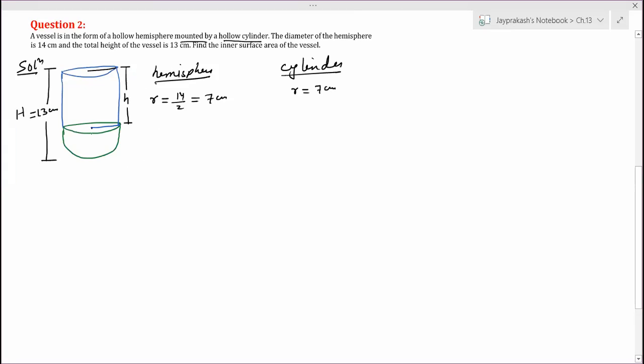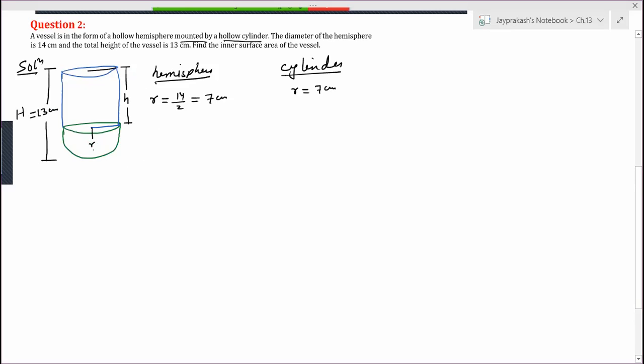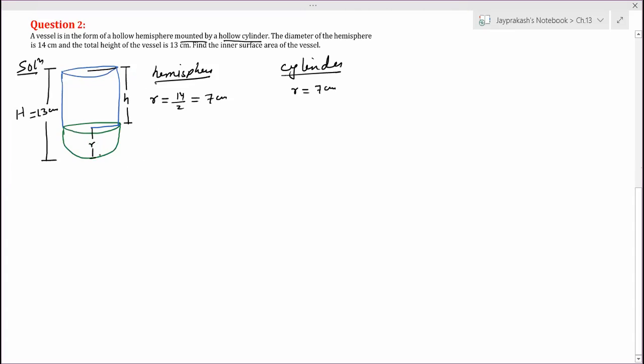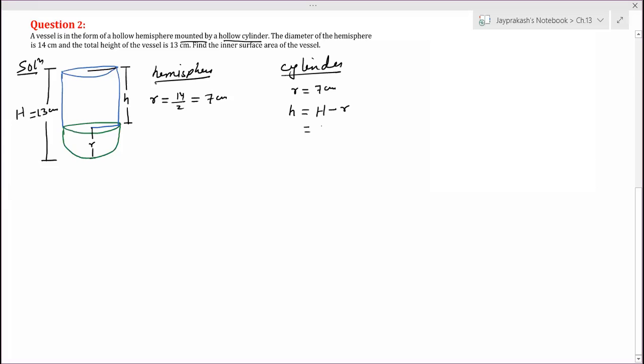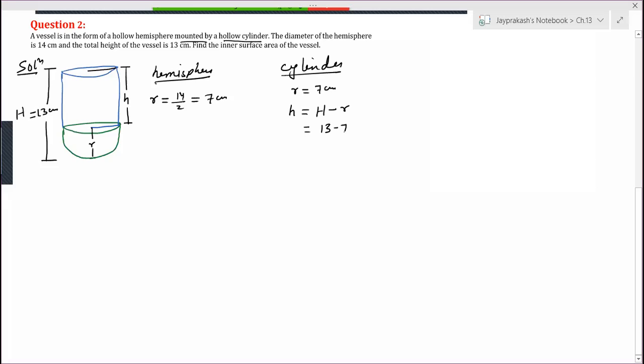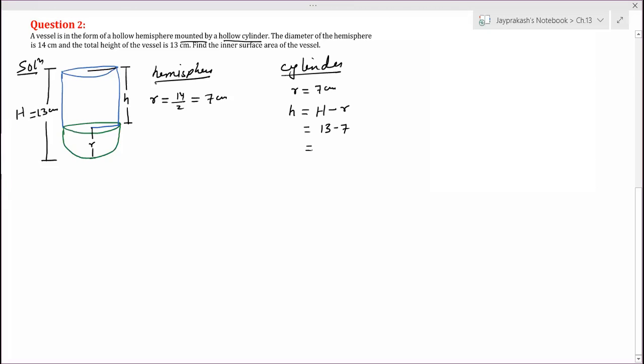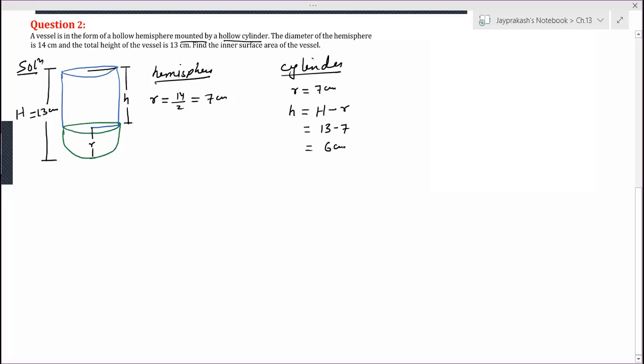From this point to this is the radius. For the cylinder, we write h equals capital H minus depth. Depth means radius. So 13 minus 7, so it is 6 centimeter.